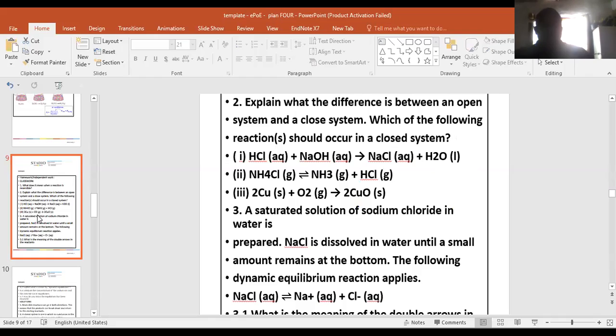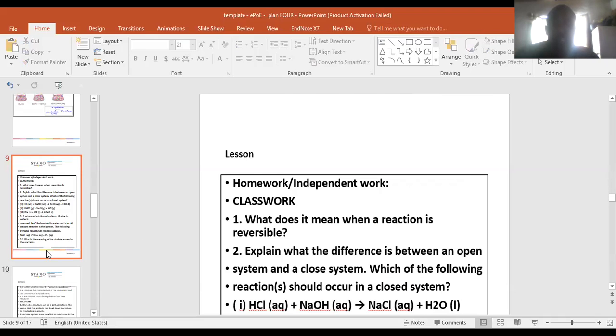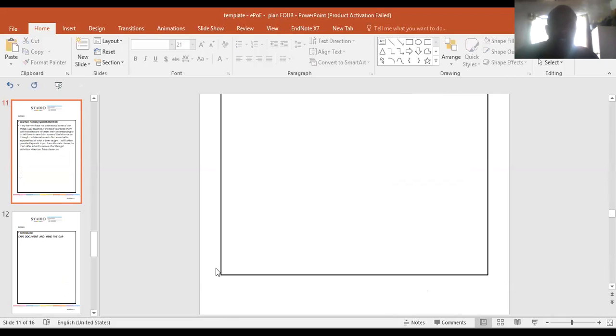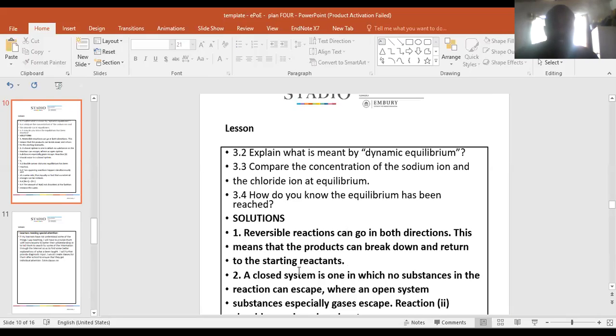And the one I gave you before, I tried to do some answers and questions here. What you'll do is come and try to rectify where you got things wrong. Remember, the first question asked you to define reversible reactions.